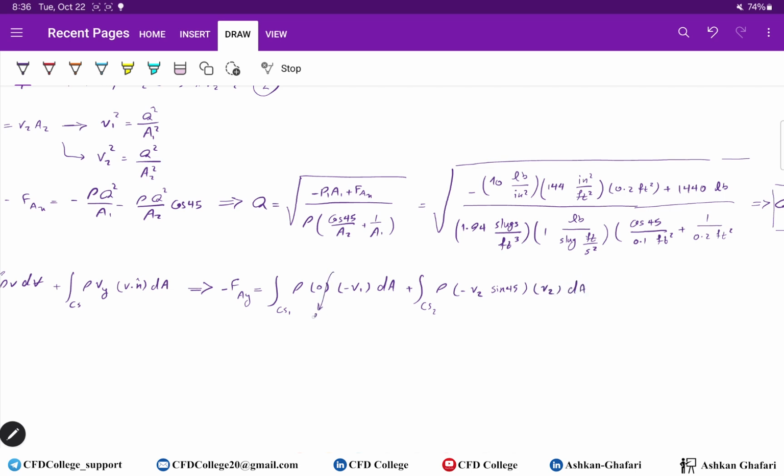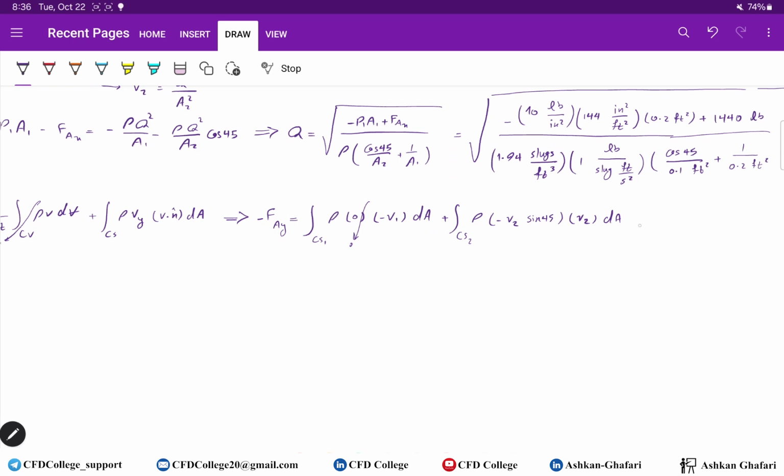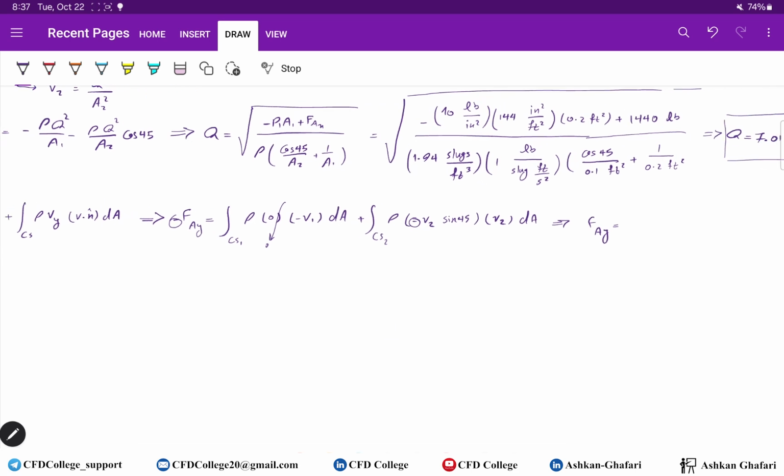So this one is 0, and we can find that FAY equals, we have the negative sign, so they cancel each other. Rho v2 sine of 45 v2 A2.